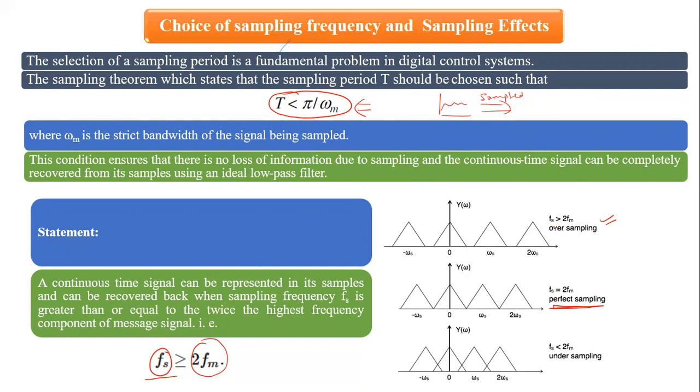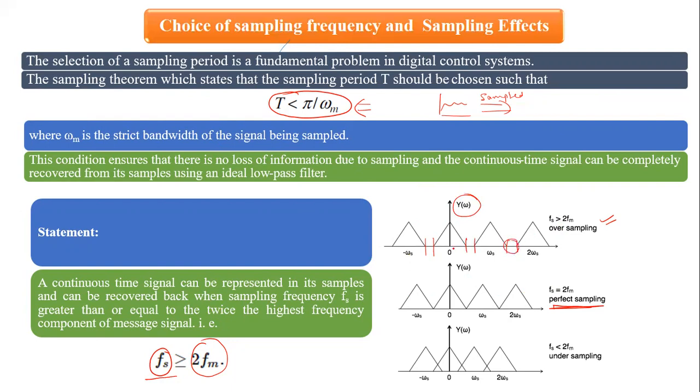Otherwise, if you increase the sampling beyond that, even if the sampling frequency is very, very high compared to twice the maximum frequency, you will have samples wherein the frequency representation would be having some gaps.